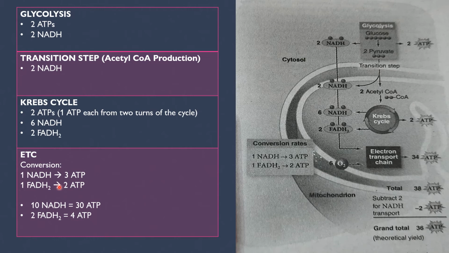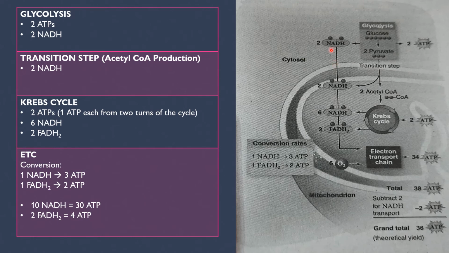Every 1 NADH is equivalent to 3 ATP, and every 1 FADH2 is equivalent to 2 ATP. So you will see that electrons from the 10 NADHs from glycolysis, the transition step, and the Krebs cycle therefore yield up to 30 ATPs.